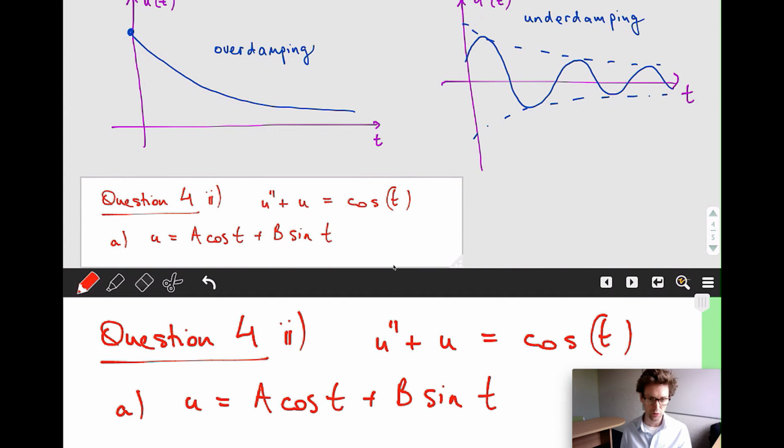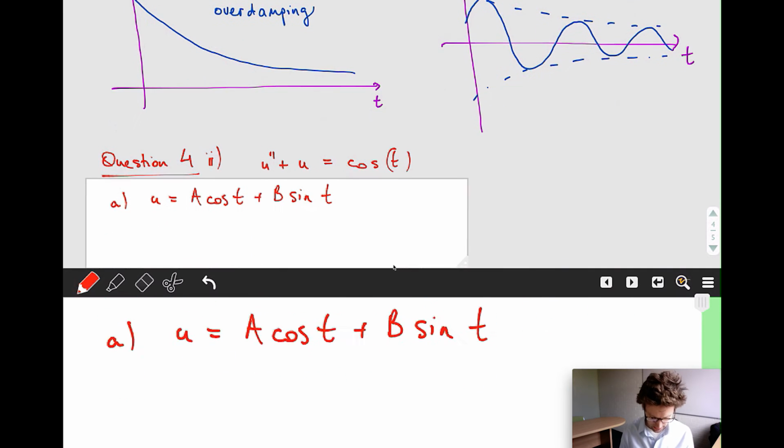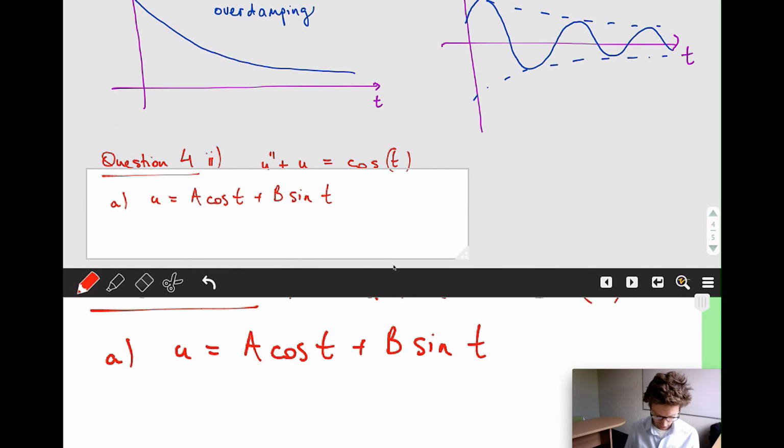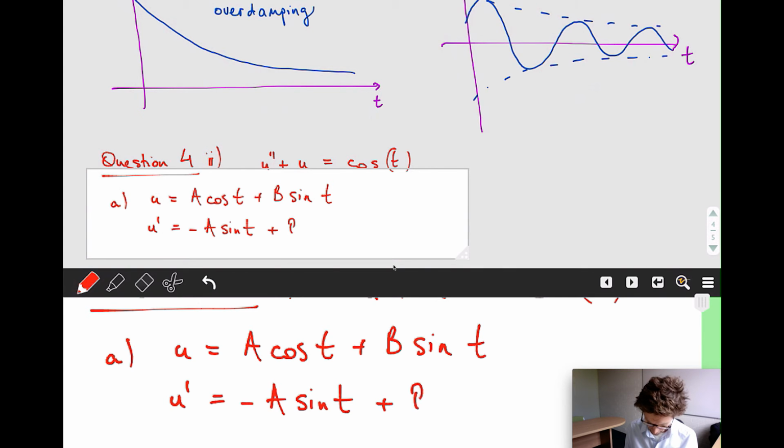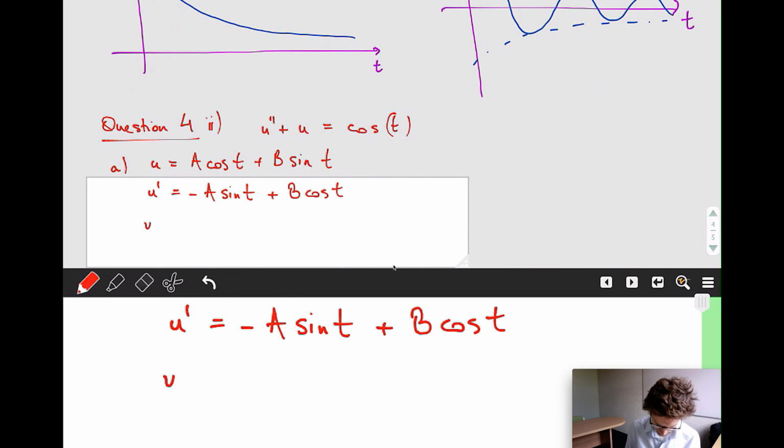So all we're going to do is take derivatives of that and substitute them into our differential equation and show that it doesn't work. So I've got u prime equal to minus a sine t plus b cosine t, and u double prime equal to minus a cosine t minus b sine t.